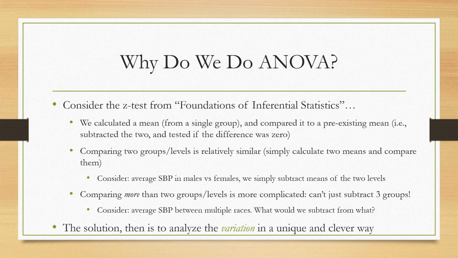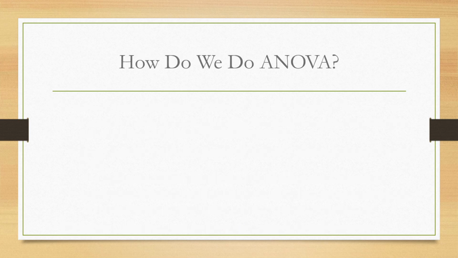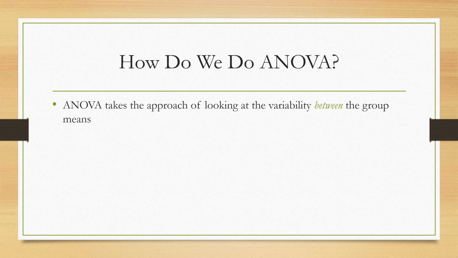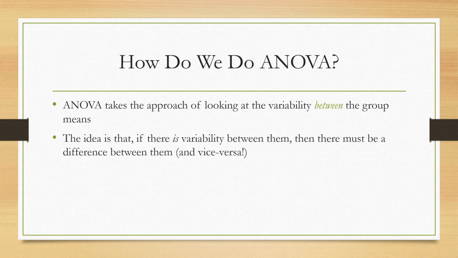What we do is instead of looking at the difference, a subtraction problem, we look at the variation. And we look at it in a pretty clever way. What we do is we look at the group means and we assess variability, like a literal variance calculation, though it has a slightly different meaning in this context, but a literal variance calculation between the group means.